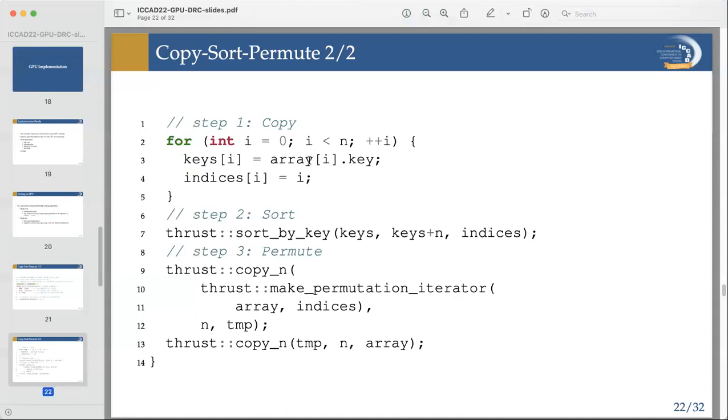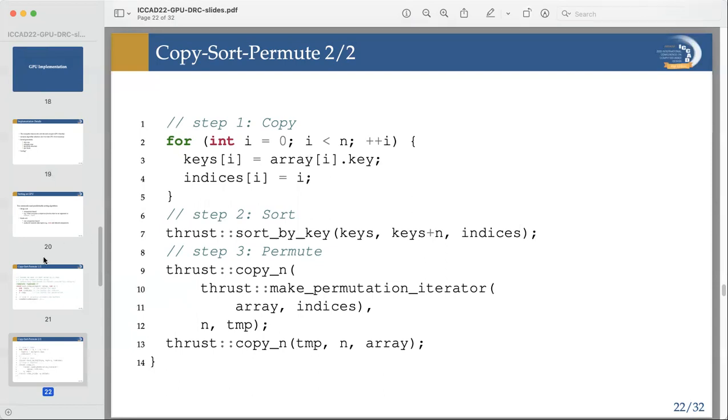Firstly, we are going to copy all the keys out, as well as their indices, into separate arrays. And then we are going to sort these keys, because they are built-in numeric types, as well as their indices. And finally, we are going to permute our original array according to the sorting result. Therefore, we call this strategy copy, sort, and permute.